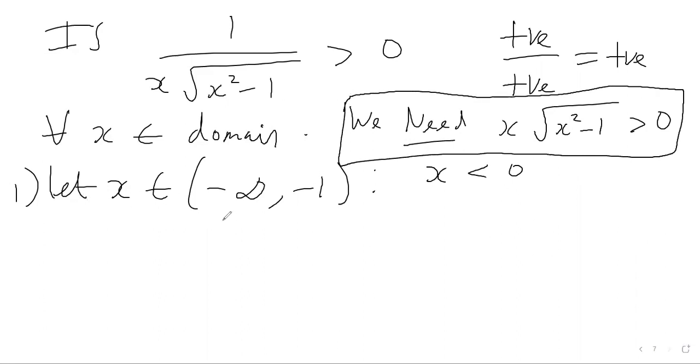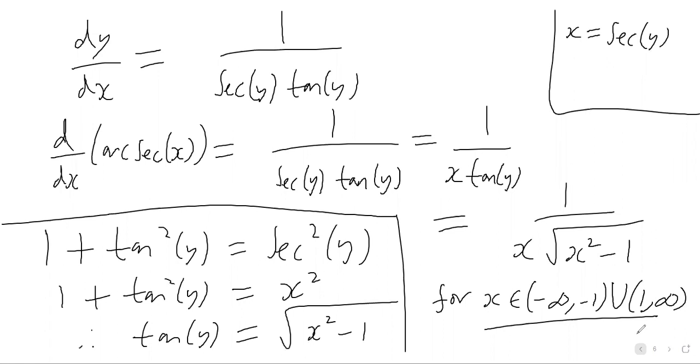Okay, so if x is in this negative region of the domain, we're going to get a negative x value. So therefore, we need the square root of x squared minus 1 to be negative as well. However, if we look at this identity here, we know that tan y equals the square root of x squared minus 1, and we know that x is in this domain here.